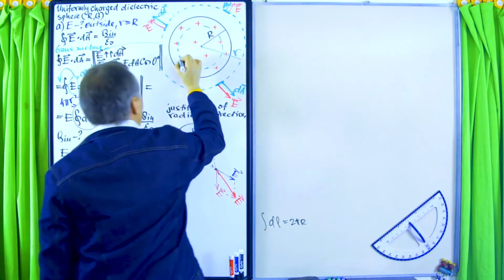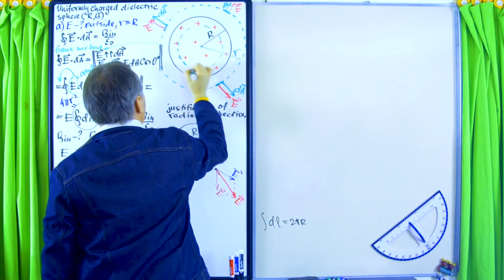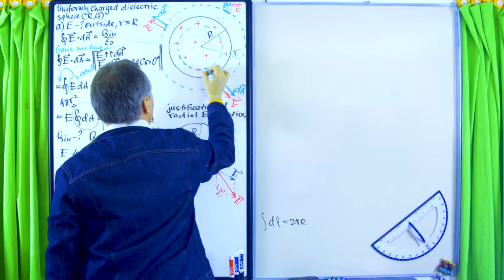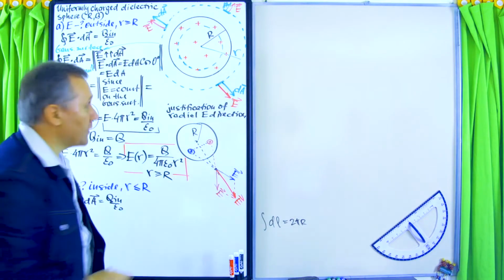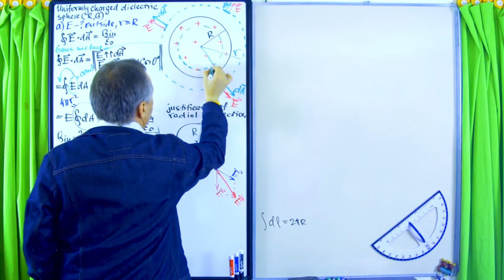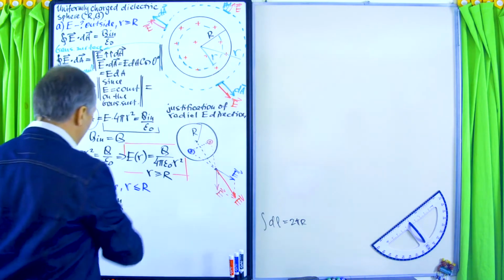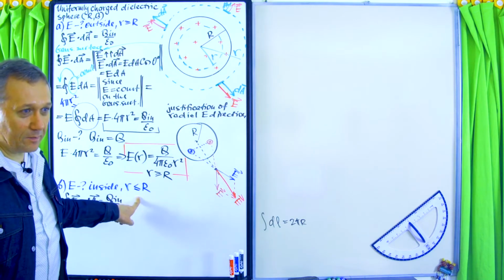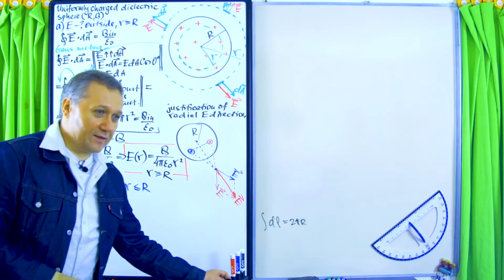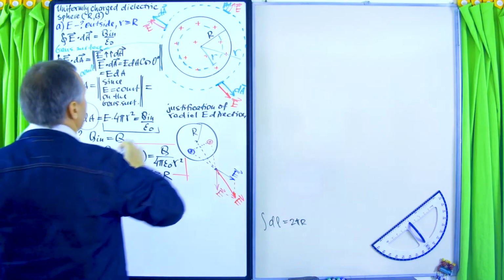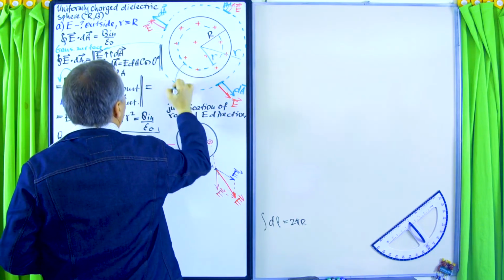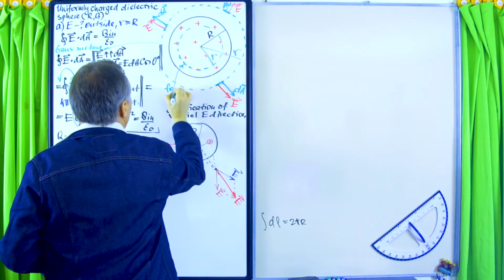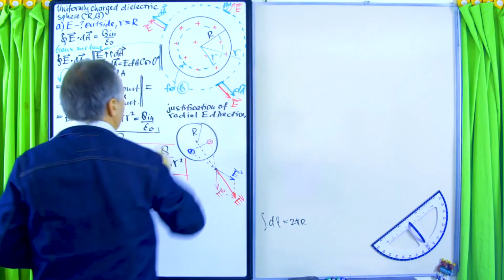This will be my Gaussian surface now, of some arbitrary radius r small. But of course, now r small is smaller than r capital. So this is also a Gaussian surface, but for part B.